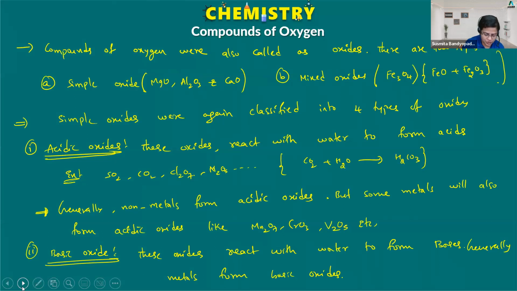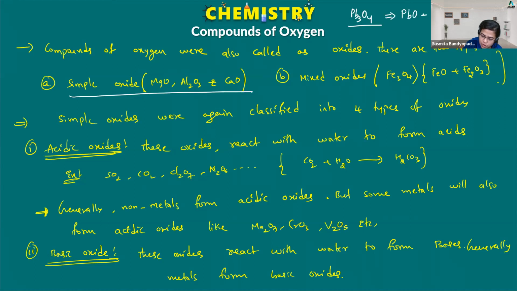Yes. Students, simple oxides: MgO, CaO, Na2O, Al2O3. Mixed oxides: Pb3O4. One more different example I'll give you than what's written here. Pb3O4 is a summation of 2 PbO plus PbO2.